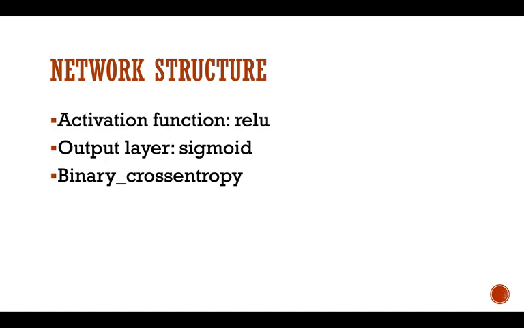ReLU can be used as an activation function to solve the problem. The output layer uses sigmoid to make the network output a probability value between 0 and 1. Binary cross entropy is usually used for binary classification problems.